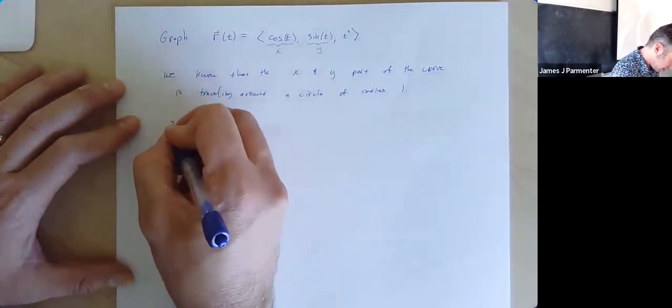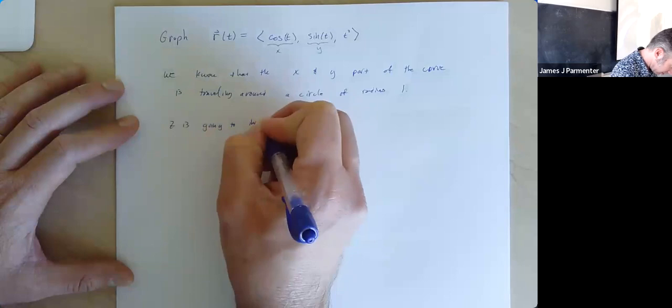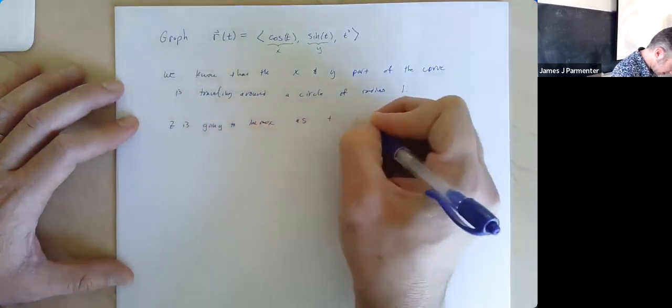And then as t increases, we're going to go around this circle, but the height is going to get larger because the z part of this position function is equal to t squared. So z is going to increase as t increases.